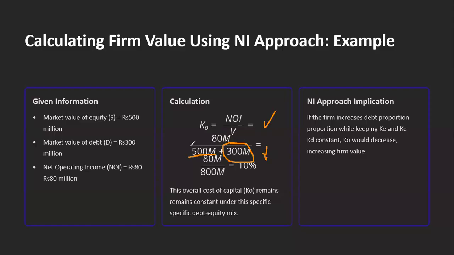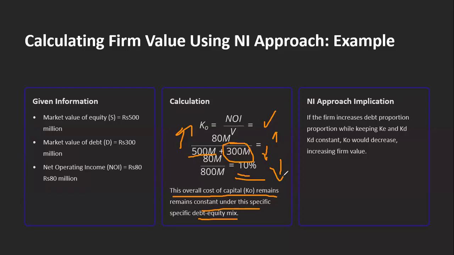But in case cost of equity increases, it is never welcome. So, cost of capital remains constant under a specific debt equity mix. And if the proportion of debt increases, the 10% we are getting will start reducing. And when the cost of capital starts reducing, you will start getting more profits.